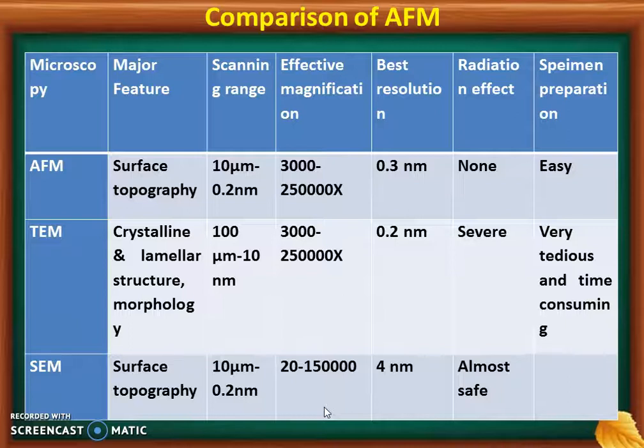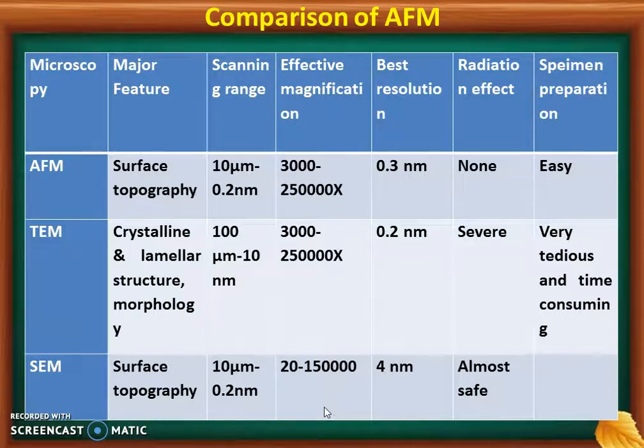In case of TEM, it starts from 10 nanometer to 100 micron, and SEM 0.2 nanometer to 10 micron. Effective magnification of AFM is 3000 to 2.5 lakh, TEM again 3000 to 2.5 lakh, and SEM 20 to 1.5 lakh. Best resolution in AFM is obtained up to 0.3 nanometer, in case of TEM 0.2 nanometer, and in case of SEM 4 nanometer.